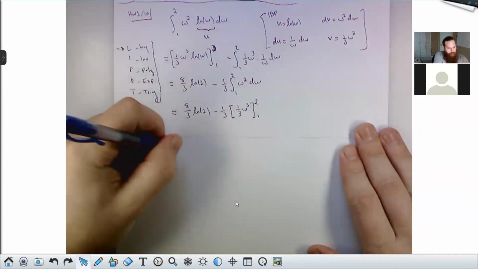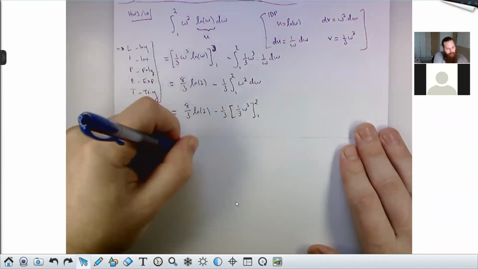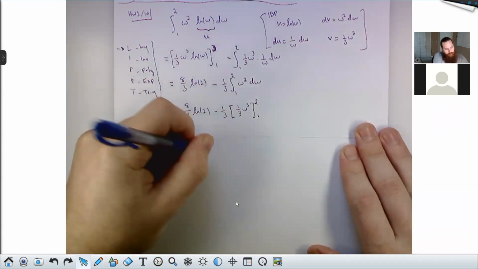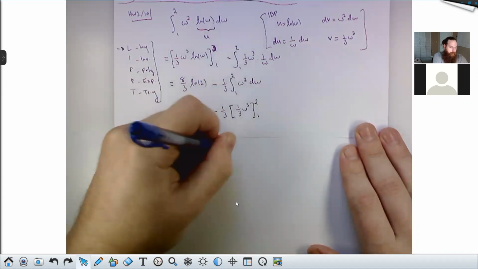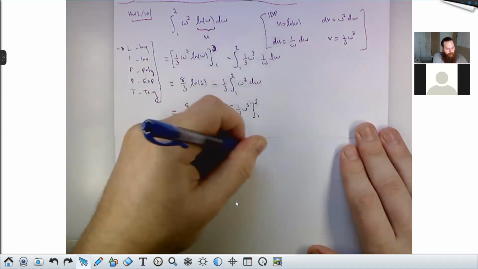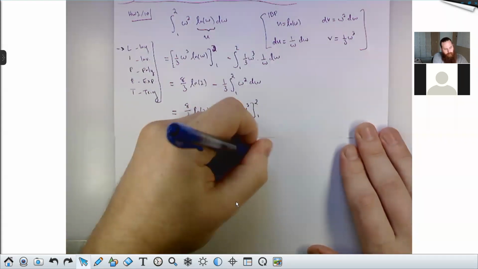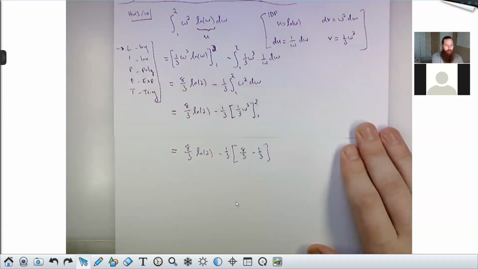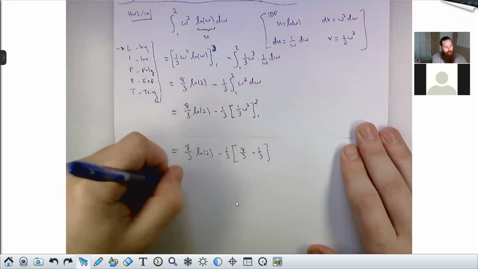This is 8/3 times the natural log of 2 minus 1/3 times 8/3 minus 1/3. And 8/3 minus 1/3 is 7/3.